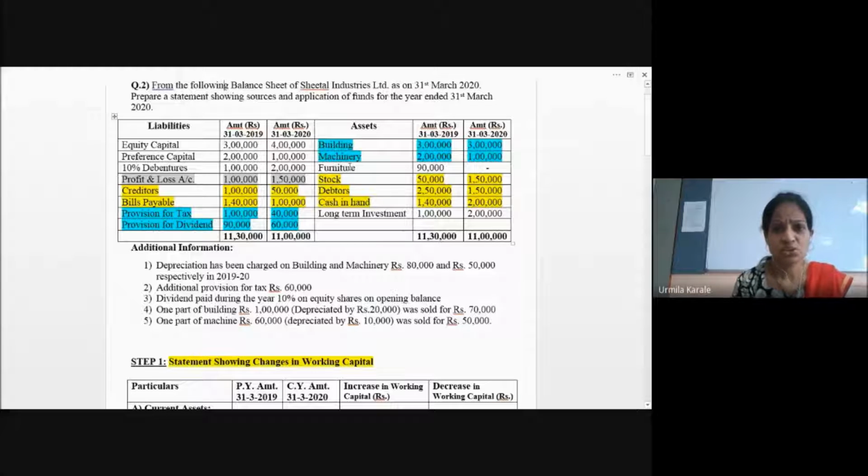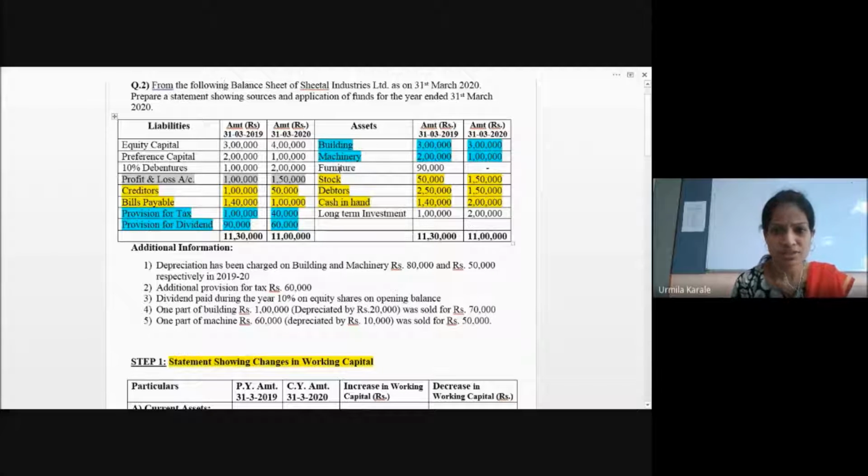Now check this side. If you go, furniture balance has also changed and long-term investment balance has also changed. Apart from these 1, 2, 3, and 4, you also need to create accounts for furniture and long-term investment because their balances have changed.